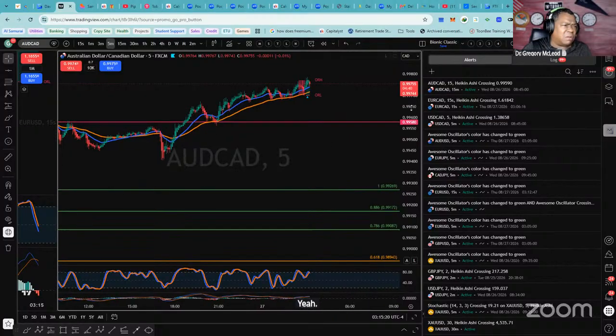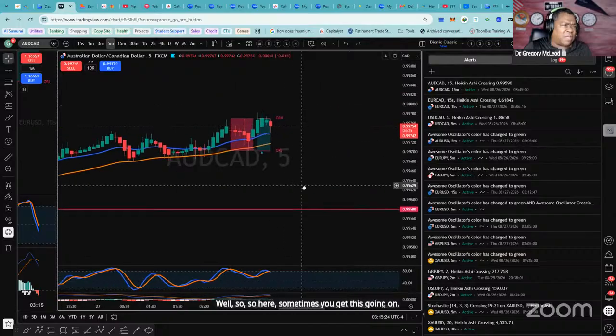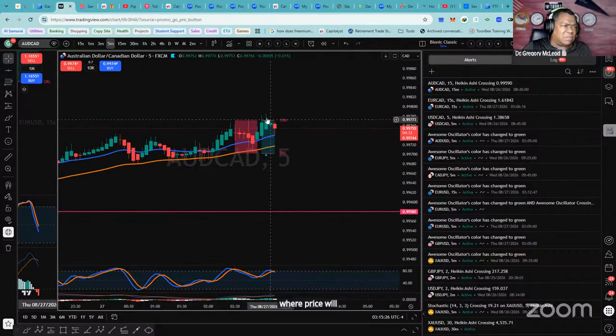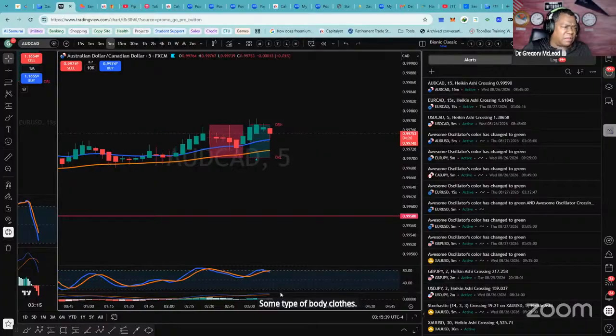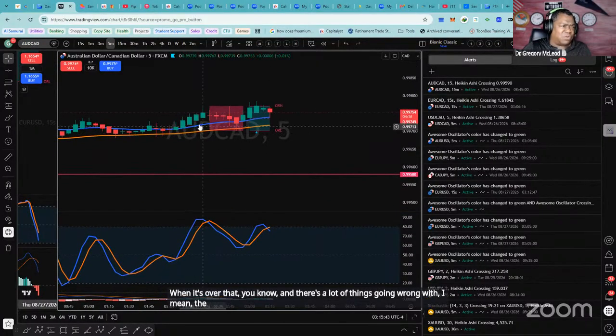Sometimes you get this going on where price will break out with wicks. There's no closed candle, so there's no trade here, right? We don't get on the wicks. We want some type of a body close a little bit over that. And the moving averages are in the right order, 20 above the 50, great.